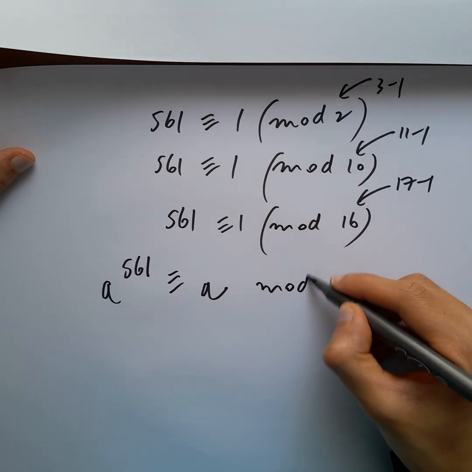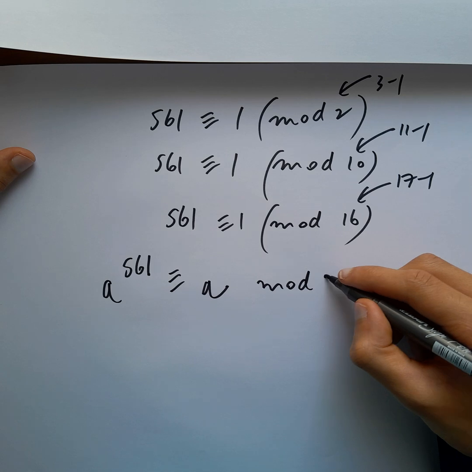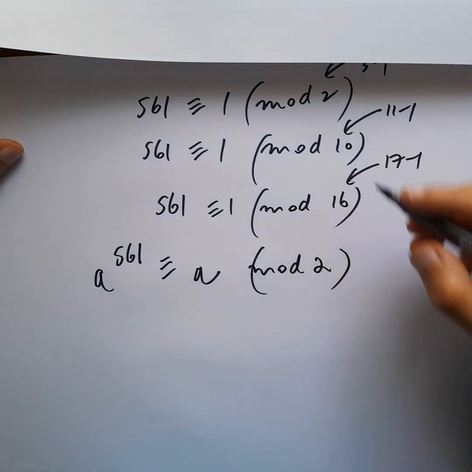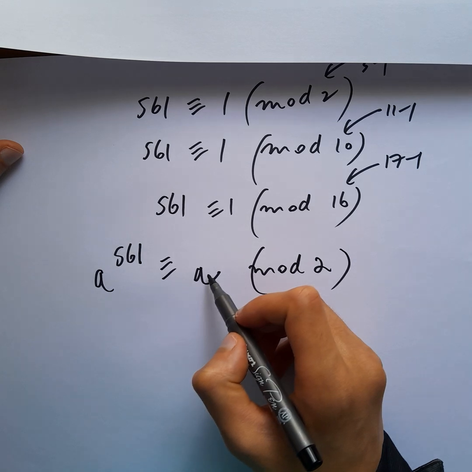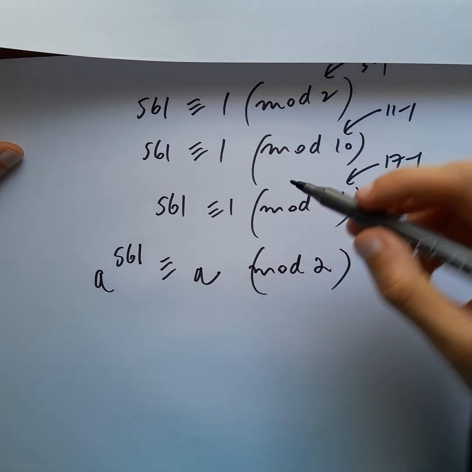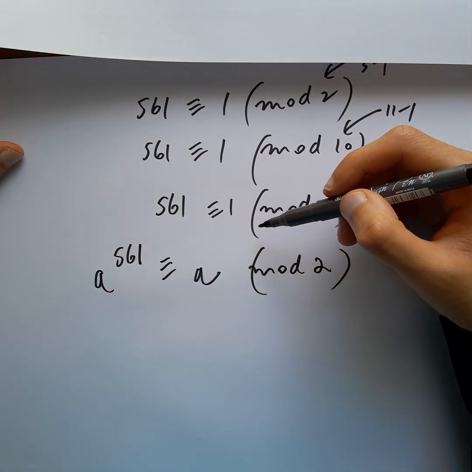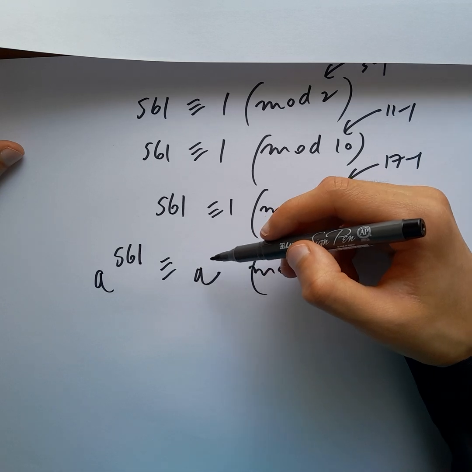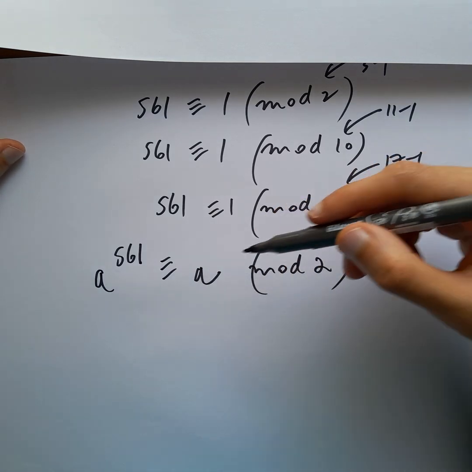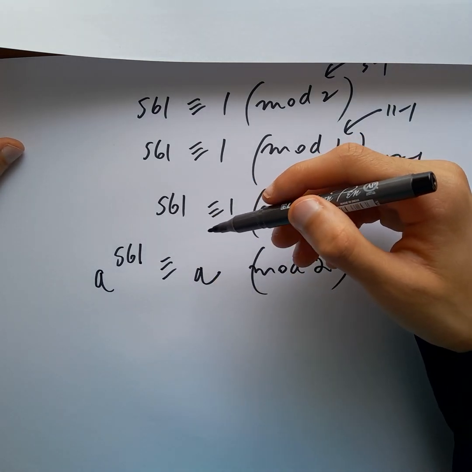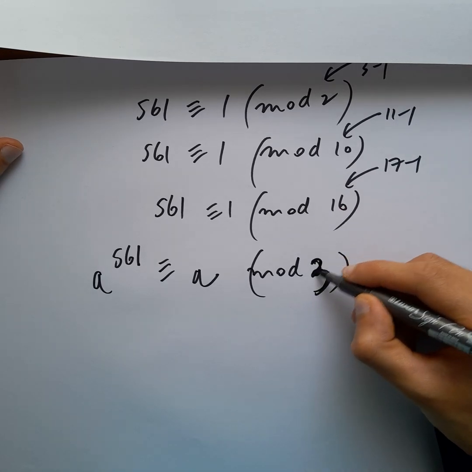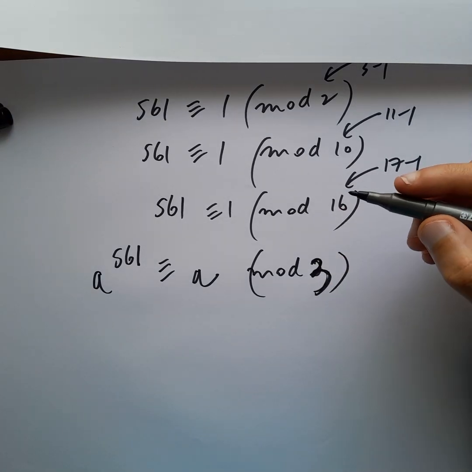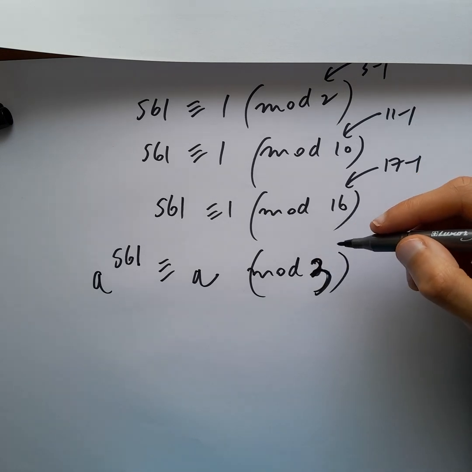then by Fermat's little theorem, that's congruent to a mod 3, as you can easily check.